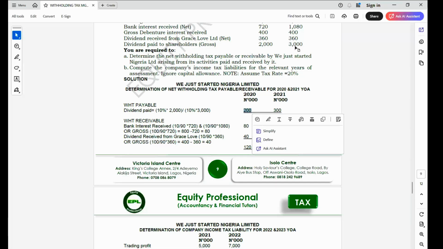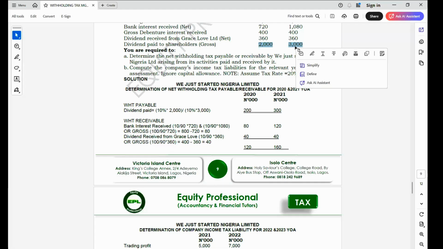That is the net amount. In the company it is withholding tax payable. The shareholders will use this information for their own purposes, because we don't know their names. So we are only concerned about the company.